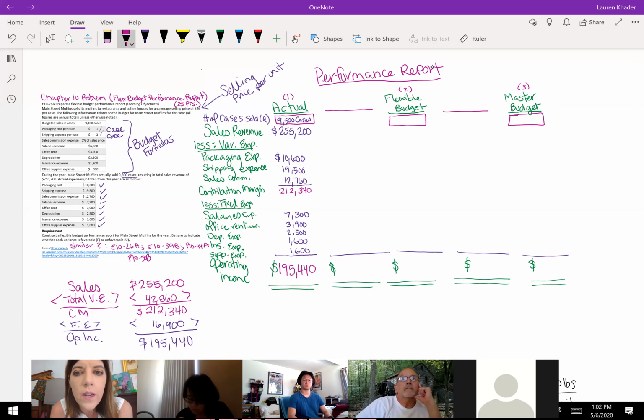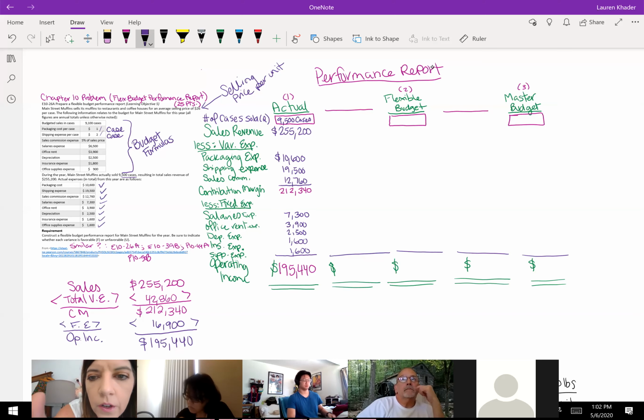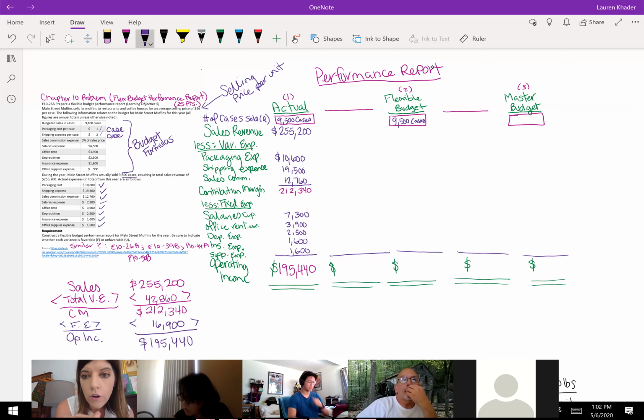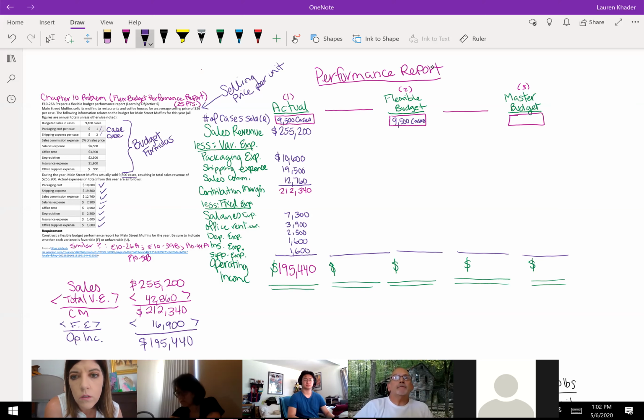The thing that we need to remember is that the flexible budget is based on what quantity? The same as the actual. Correct. So the flexible budget is based on actual output, 9,500 cases, because you're trying to figure out how much in revenue you should have earned and how much in expenses and operating income you should have incurred during the period based on actual number of output, or actual number of cases in this case that you sold.